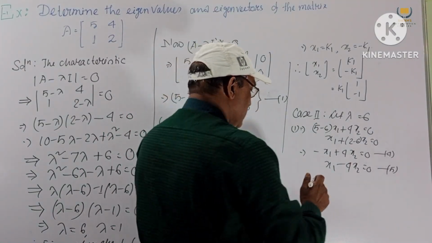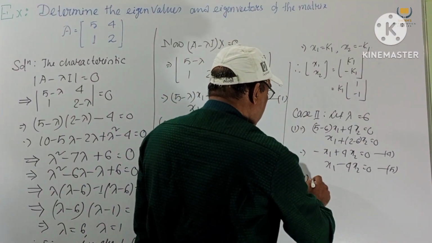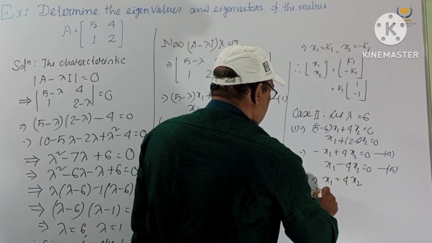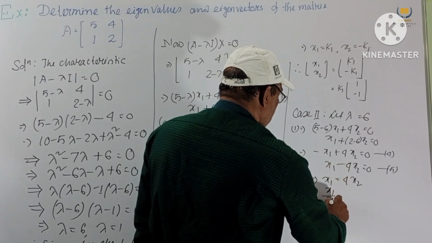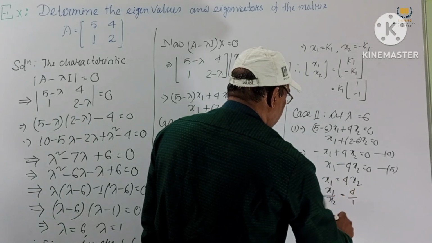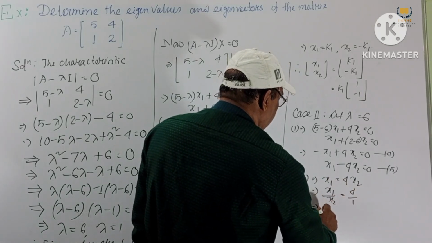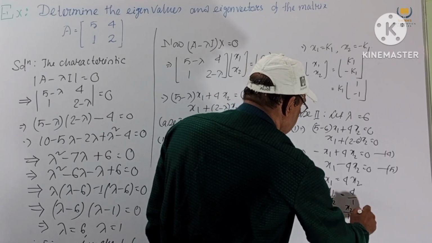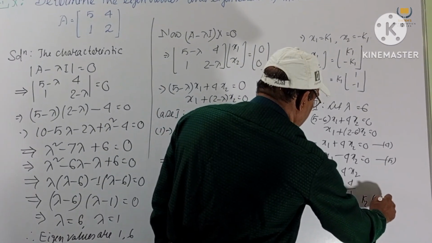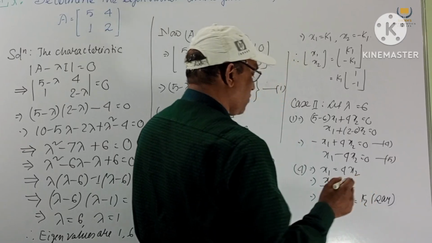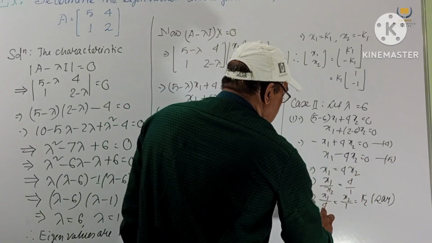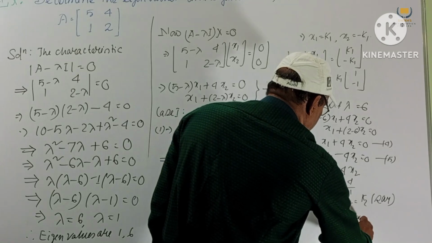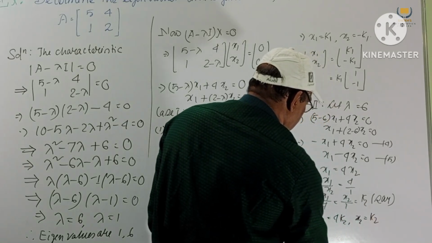Now from 4, x1 equal to 4x2. So x1 by x2 equal to 4 by 1, or we can write x1 by 4 equals x2 by 1, which equals k2. So x1 equal to 4 k2, x2 equal to k2.